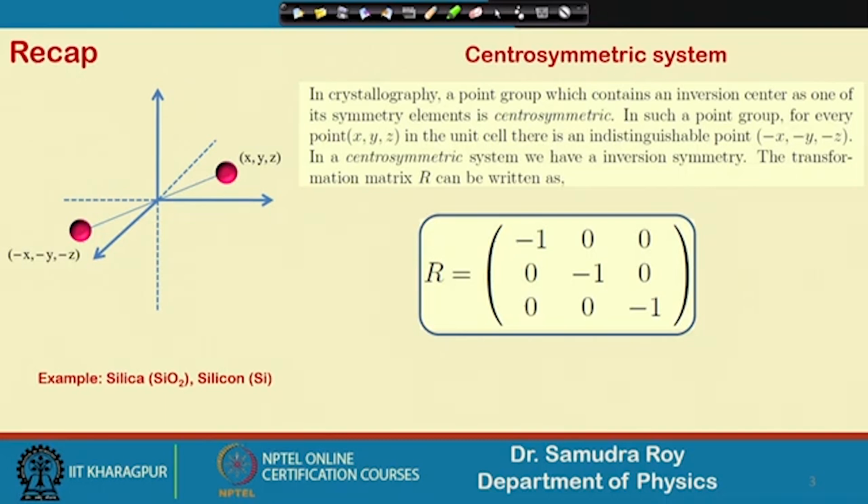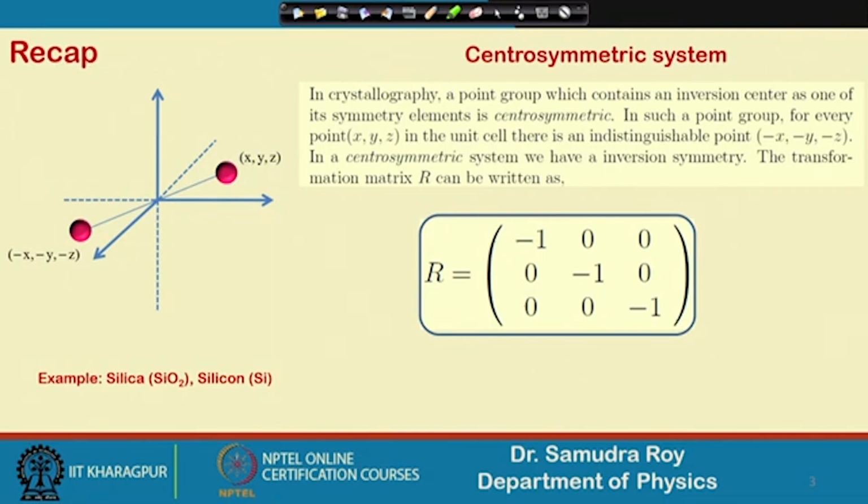This is something we have already done, the centrosymmetric system. Why are we discussing the centrosymmetric system in this class? It is important, because a centrosymmetric system is a system where the effect of Chi2 is 0.